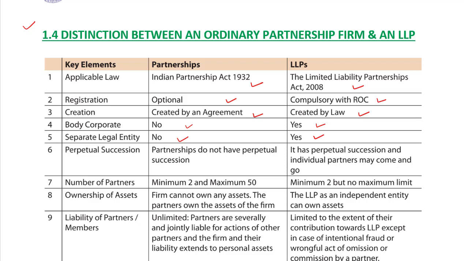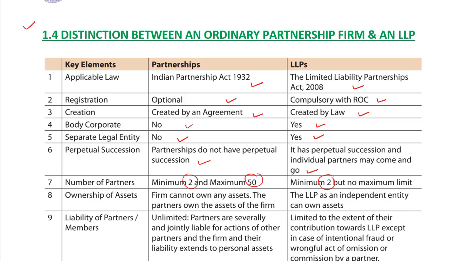In a normal partnership, perpetual succession. Partnership does not have perpetual succession. But a limited liability partnership has perpetual succession and individual partners may come and go. Number of partners, minimum 2, maximum 50 in case of normal partnership.